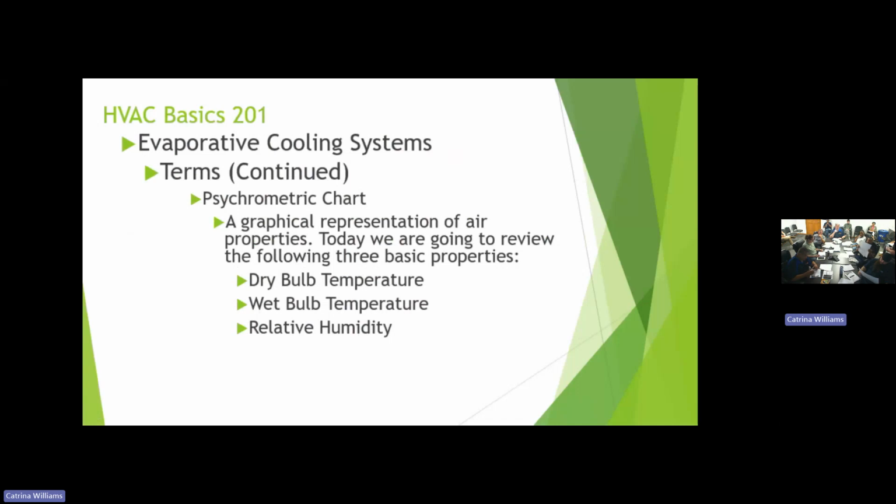This can be very complicated graphical information. I'm sure you could have a complete college course, a semester at least, in engineering on all the things you could learn from this chart. We're going to talk about three basic things, keep it very simple, just so you can appreciate what we can learn from it. In reality, in today's technology, this is all computerized.